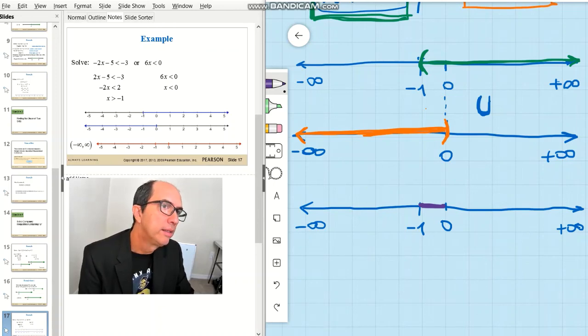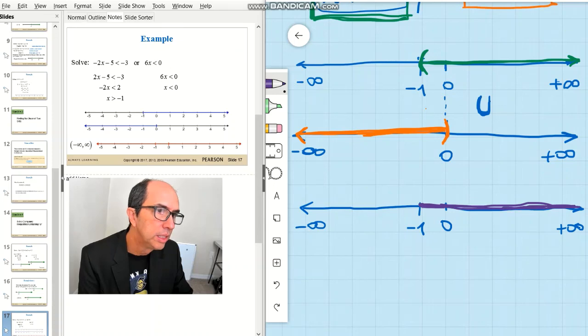Everything greater than 0, including 0, is in one set. Well, 0 is not here because there's a parenthesis, right? It's not included on the second set, but is included on the first set. So 0 and everything greater than 0 is in the union as well.